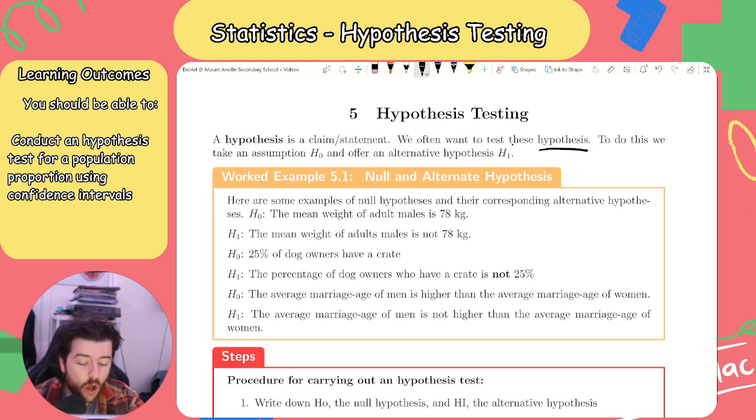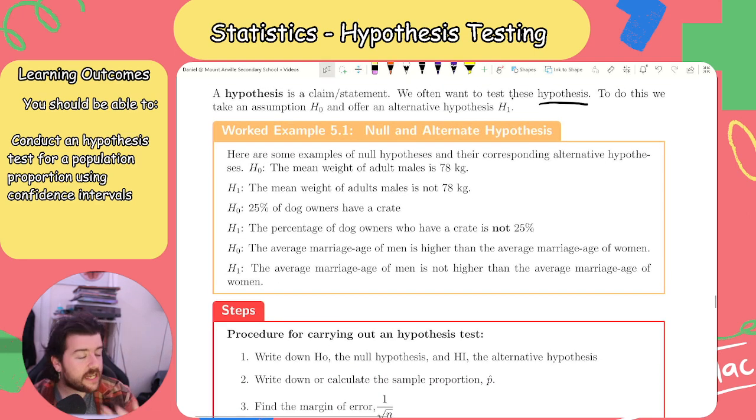To do this, we make an assumption, or my null hypothesis, and we offer an alternate hypothesis, which we call H1. Here are some examples. My null hypothesis: the mean weight of adult men is 78 kg. My alternate hypothesis: the mean weight of adults is not 78 kg.